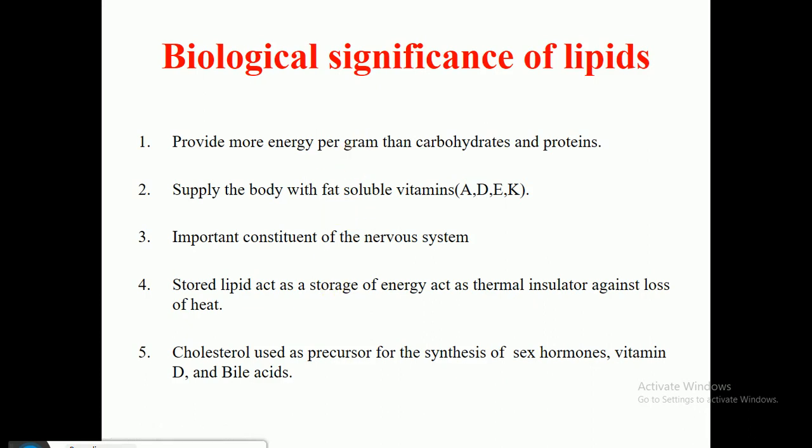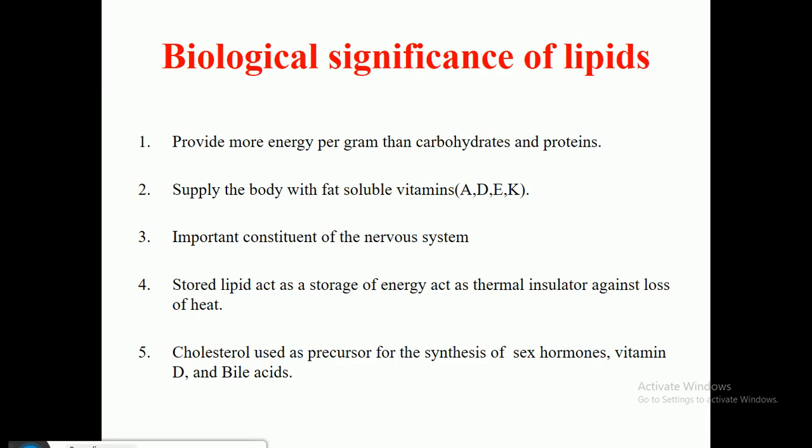In the previous lecture we discussed that if 1 gram of protein is utilized, it will give you 4.1 kilocalories of energy. The same is the case with carbohydrates. But the lipid case is different, because lipid is a heterogeneous group of compounds related to fatty acids, with a high molecular weight.